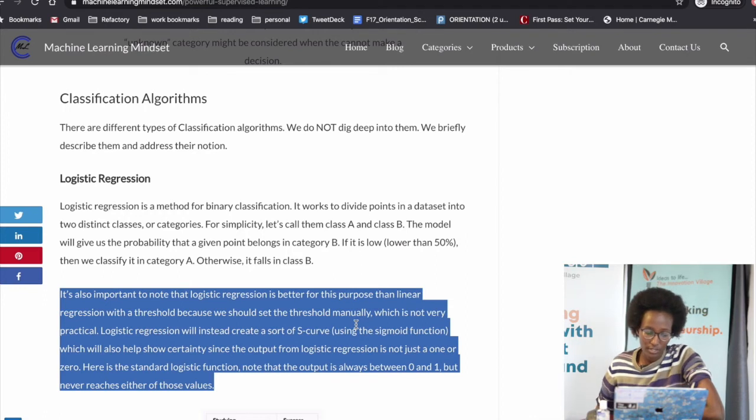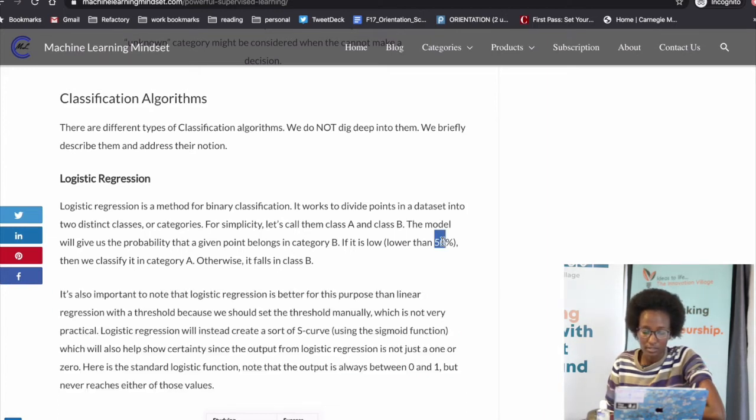They're just giving a comparison between logistic regression and linear regression, and saying that it's not very practical to always set this probability threshold that we talked about.